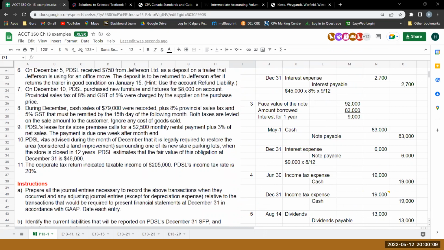Number 9, PDSL's lease for its store calls for $2,500 monthly rental payments plus 3% of net sales. The payment is due 1 week after month end. Now, this one's interesting because we have to figure out what the percentage of net sales is going to be for the month of December, right?